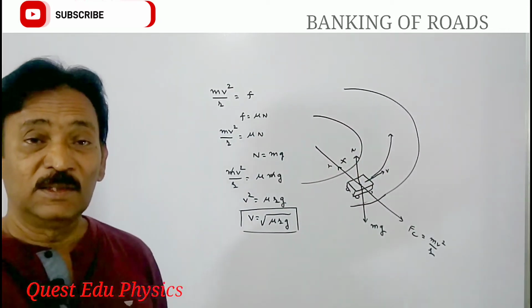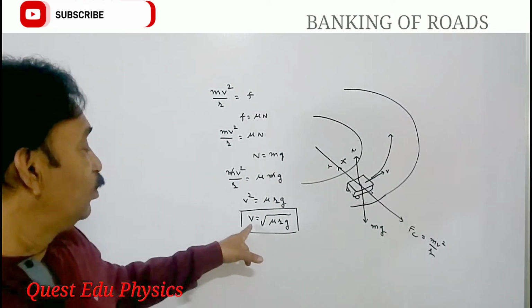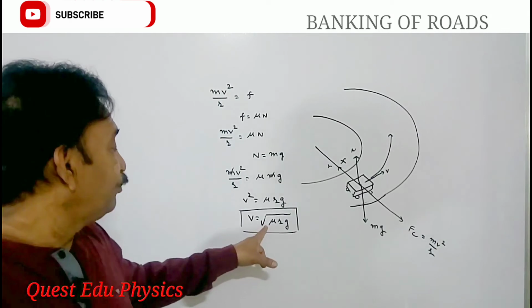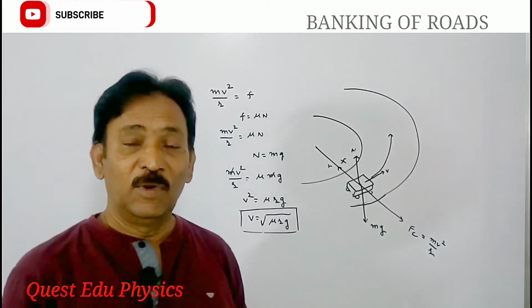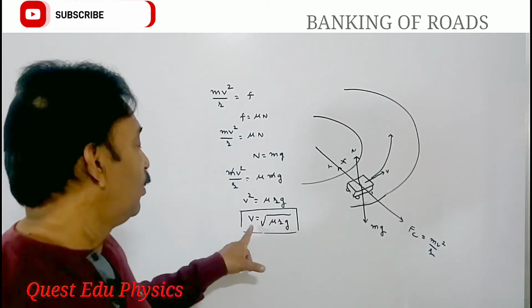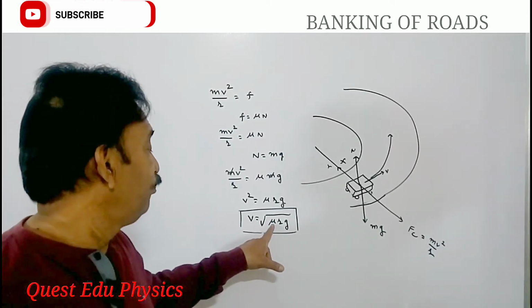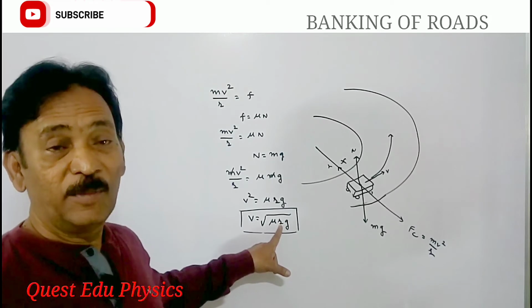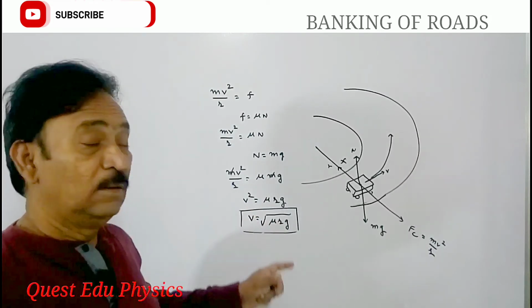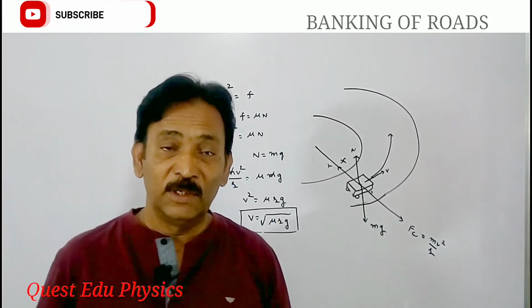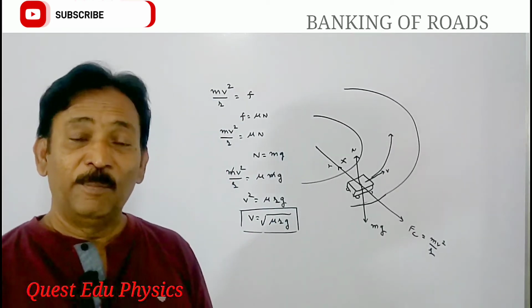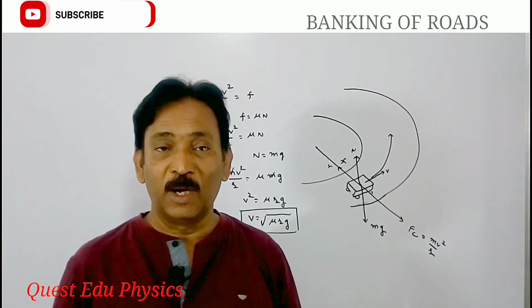If the vehicle is moving with this velocity, then it will move safely. A lot depends upon the friction between the road and the tires as well as the radius of the circular path. Generally when we are traveling, we see some signboards: maximum speed limit is 40 km/h.